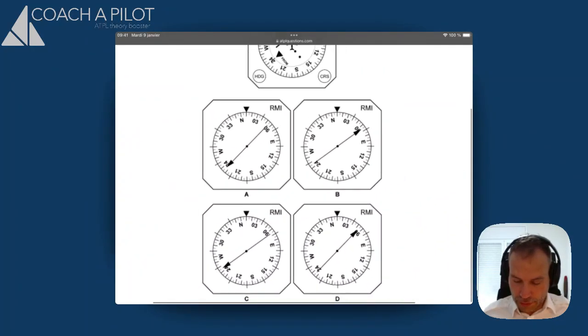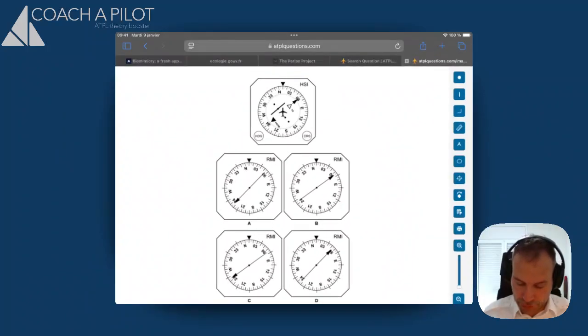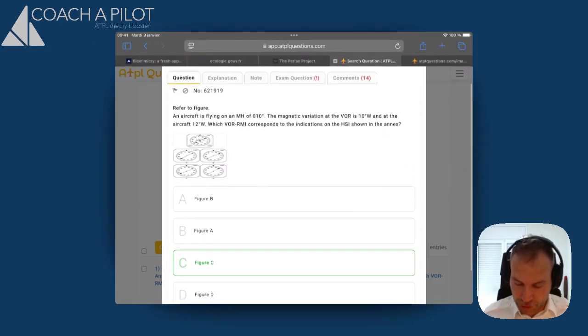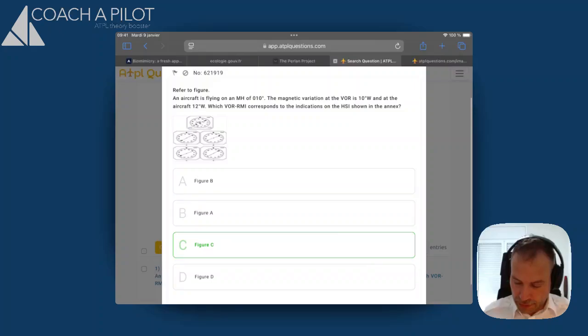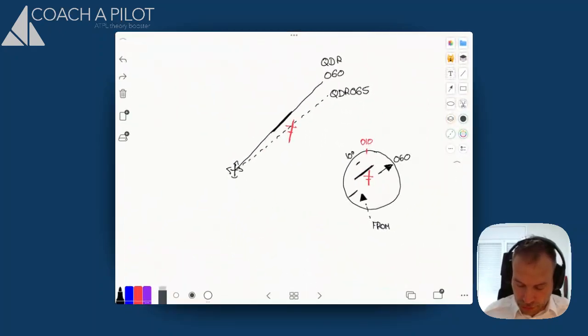Okay, so I will show you that. So you see that the correct answer is figure Charlie, obviously. And if I draw it, then an RMI, what do we have on an RMI?